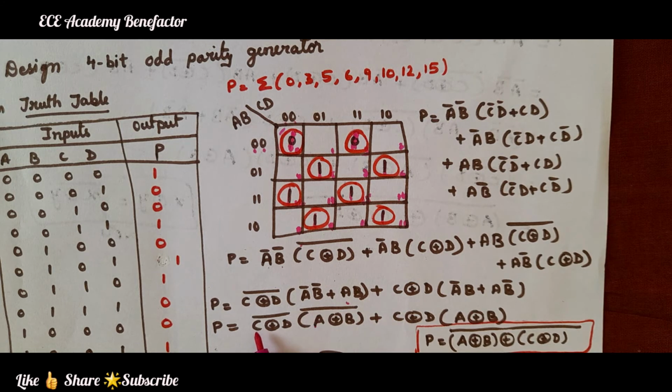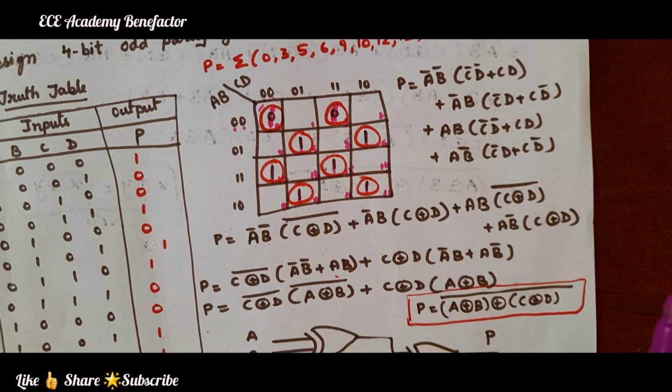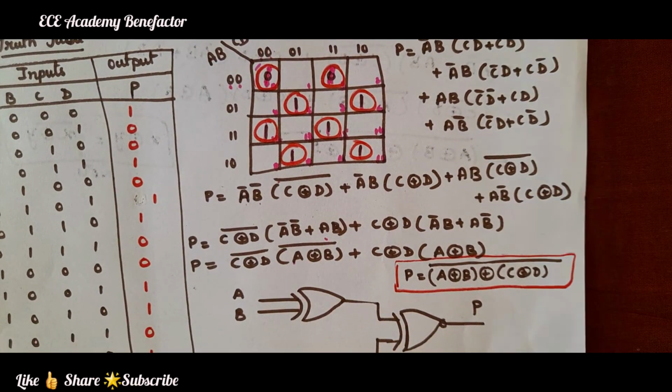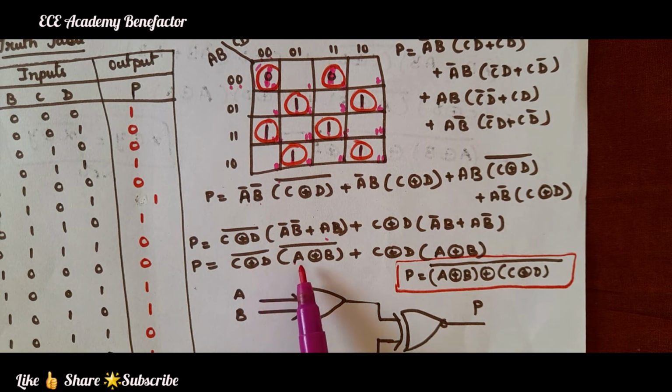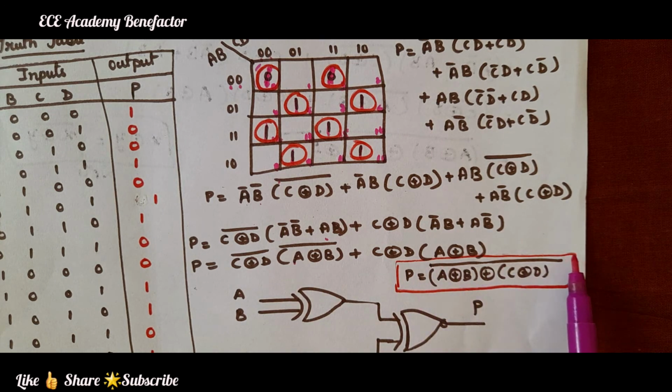So we can write it as C XOR D the whole bar dot A XOR B whole bar plus C XOR D dot A XOR B. So if you look at it, it's looking as A bar B bar plus AB, which is an XNOR gate. XNOR gate is between A XOR B XOR C XOR D the whole bar.